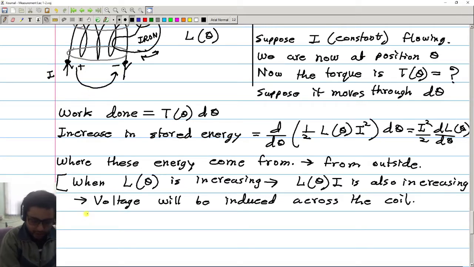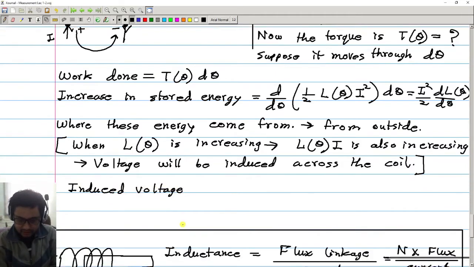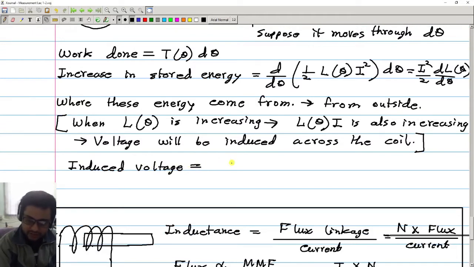Now how much is that work? First, the induced voltage will be the rate of change of flux linkage.